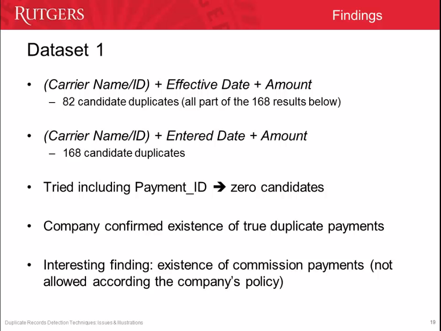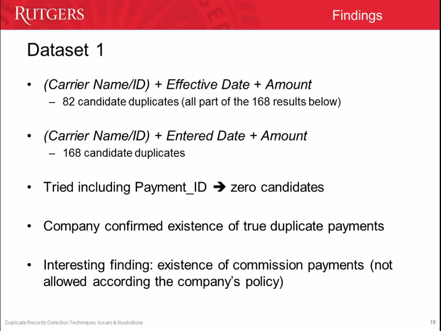The results from the algorithms run for dataset 1 were somewhat interesting. So we used several combinations. The first combination that we used was the carrier name and ID, which indicates the vendor ID, the effective date, and the amount. This combination yielded 82 candidate duplicates.